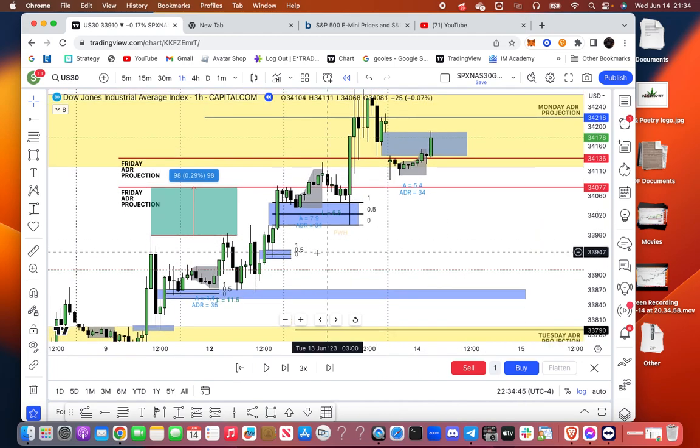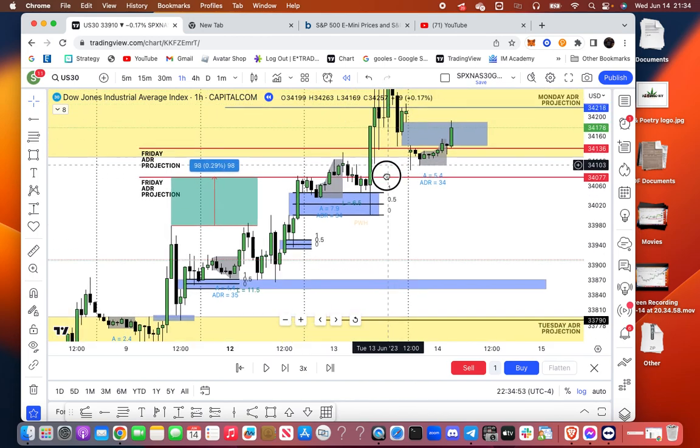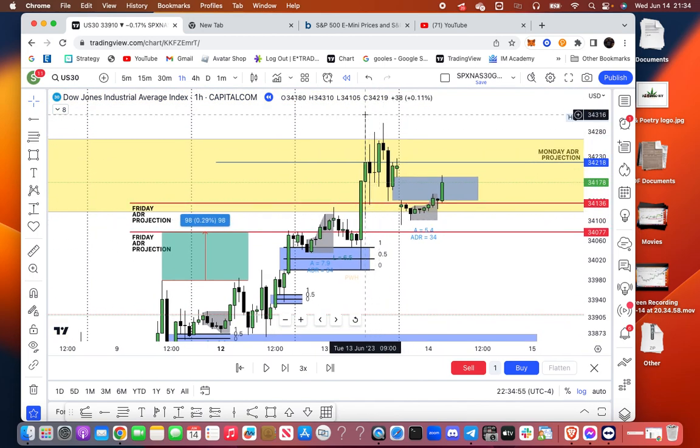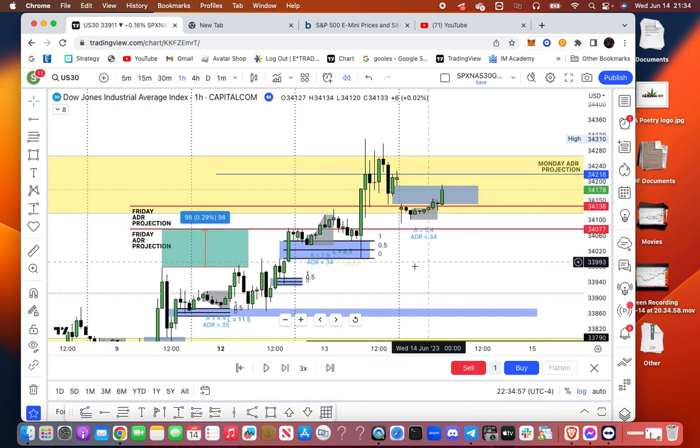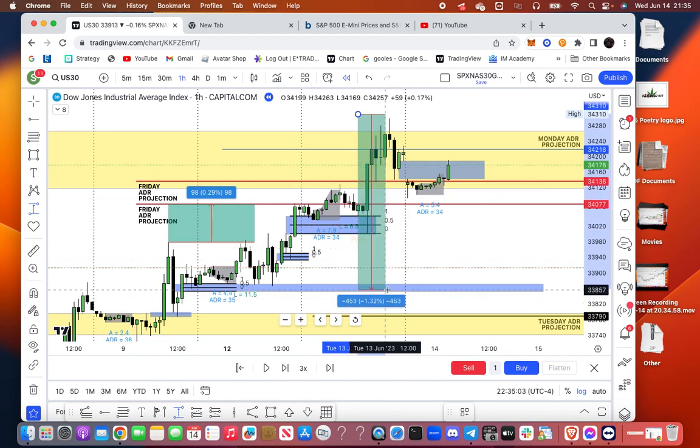Say I'm going from this point, right? And it told me my projection was 34. If I go at 34, what would that end up being?